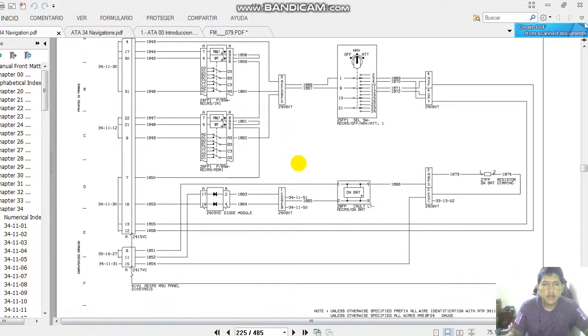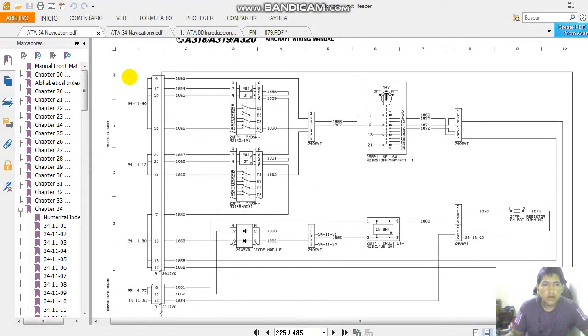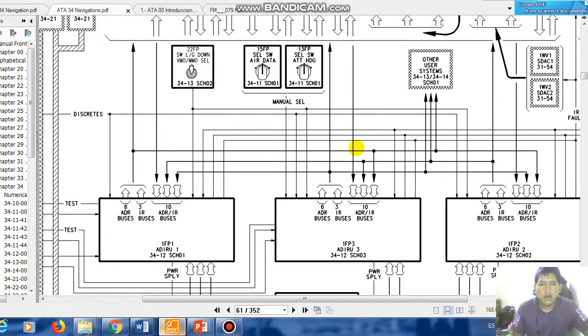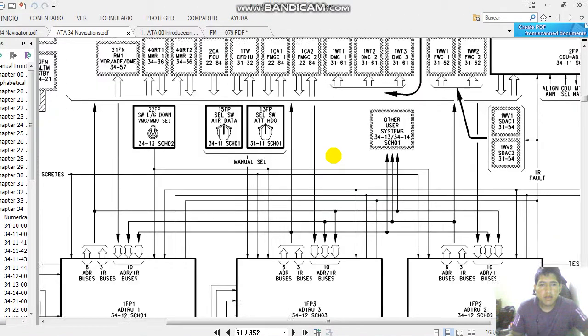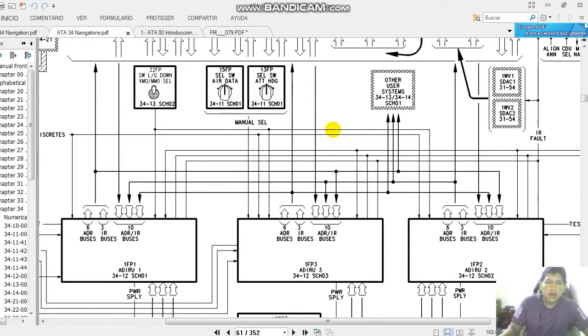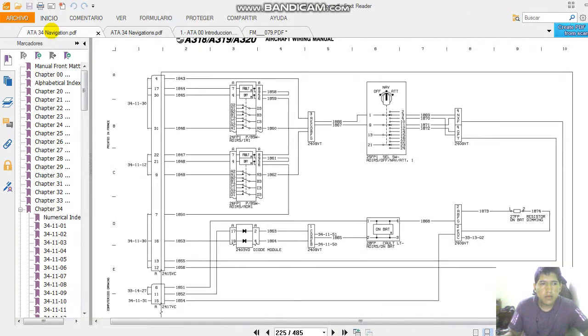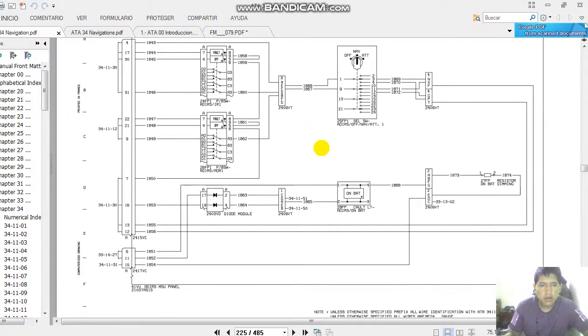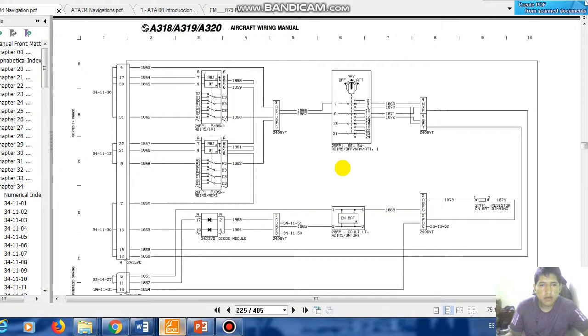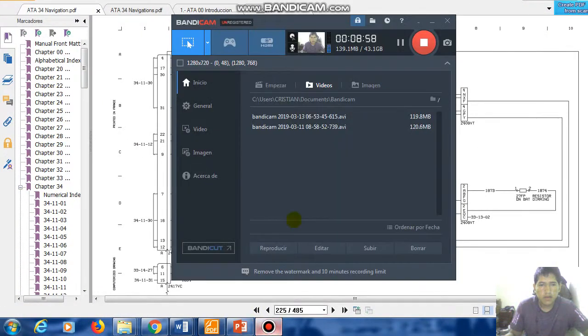It's very important to use if you understand the schematic wiring, then you use the wiring diagram. Well, that's all for my video.